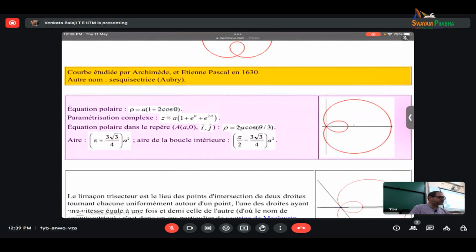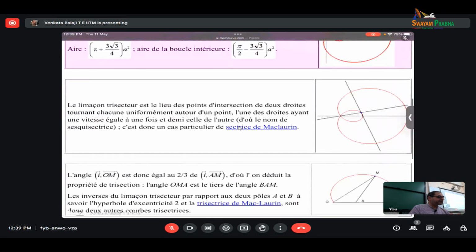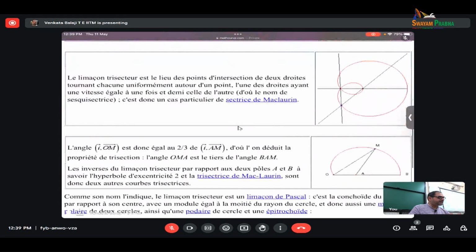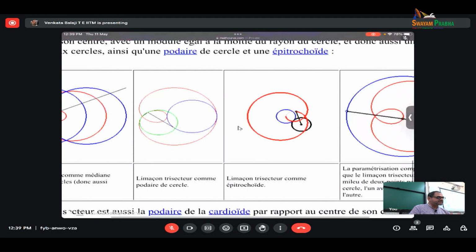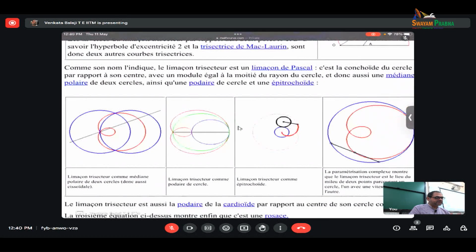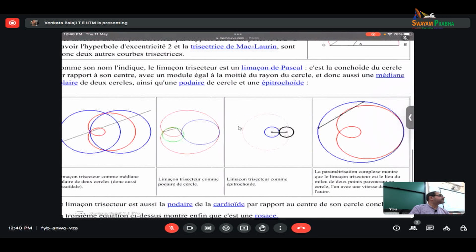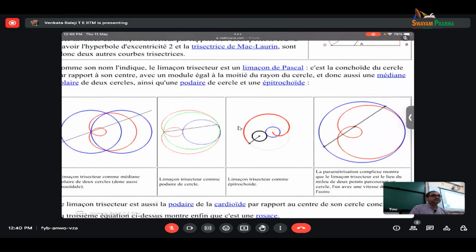It's called the Limaçon trisectrix, and you will see all the geometry connected with that, and an epitrochoid, with a generating circle and all that, how you get that shape by geometry. You have animations. And this is a huge encyclopedia where all kinds of curves are there.